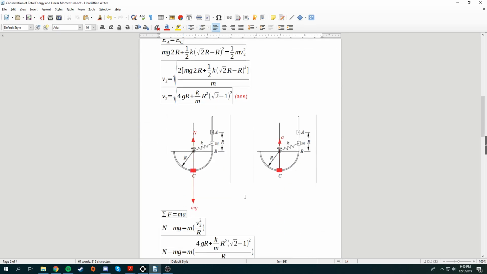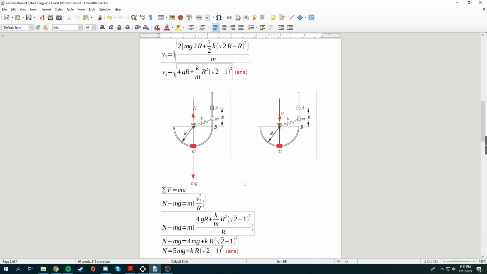To find the normal force acting at C, we can use the free body diagram and the kinetic diagram. On my left is the free body diagram, on the right is the kinetic diagram. To be more accurate, the kinetic diagram has mass multiplied by acceleration, but you get what I'm trying to say. Through Newton's second law, summation of forces equals mass times acceleration. Taking upwards as positive, the normal force minus the weight of the particle at C equals mass times acceleration.